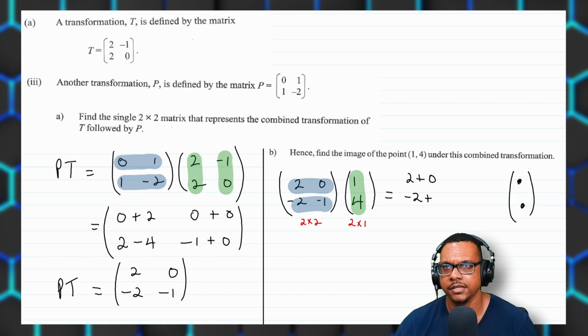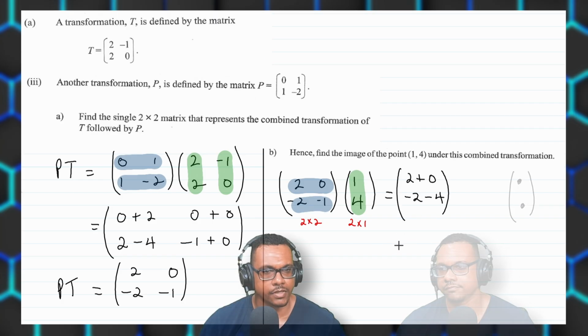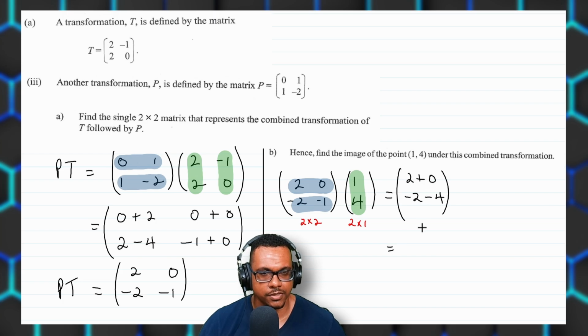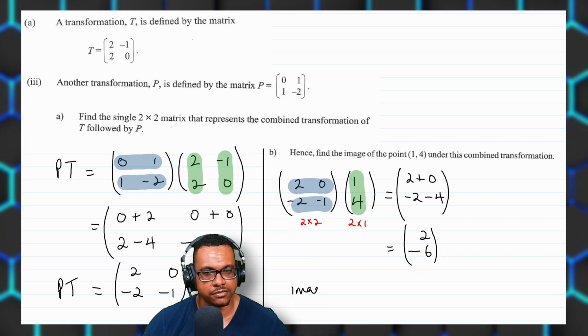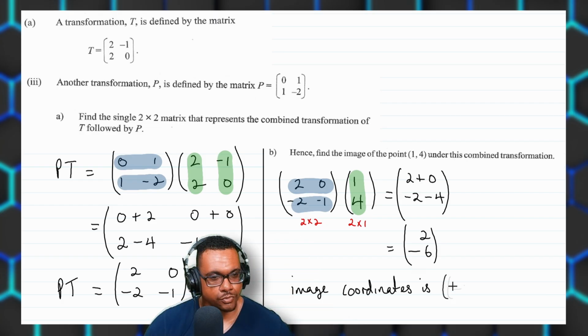So now this will be equal to 2 plus 0 is 2, and this you're going to add and keep the negative sign, so -6. So the image coordinates is 2, -6.